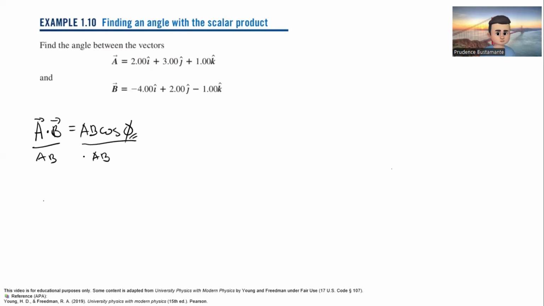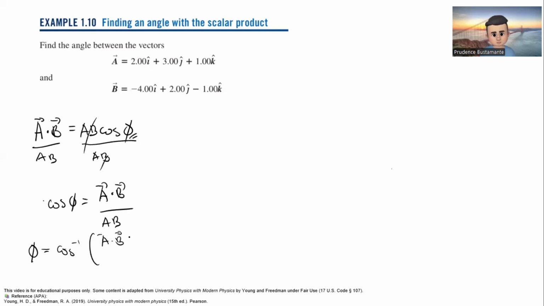So cosine of phi is just equal to A dot B over AB, the magnitude of A times the magnitude of B. Therefore phi is equal to inverse cosine of A dot B over AB. So we will know the angle between these two vectors if we know A dot B, the magnitude of A, and the magnitude of B.